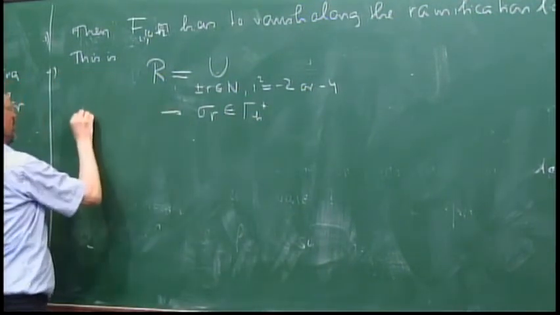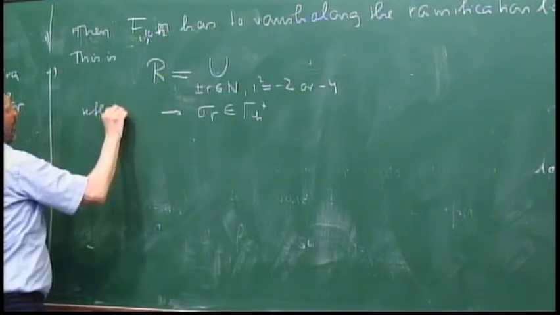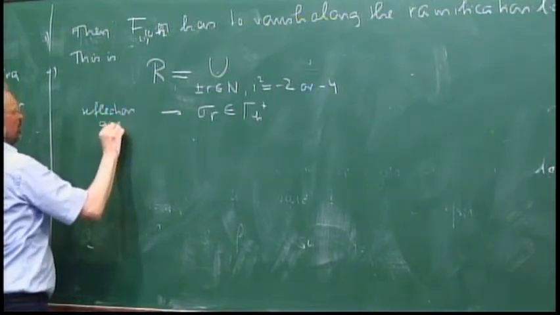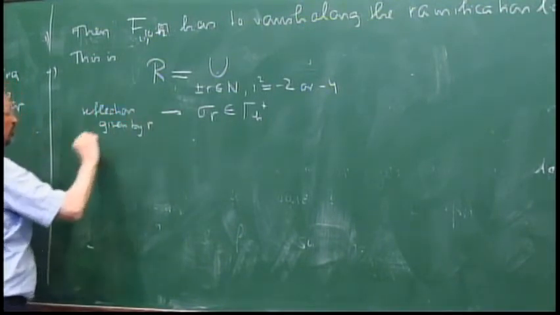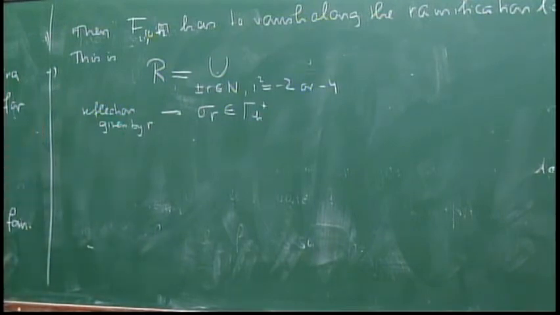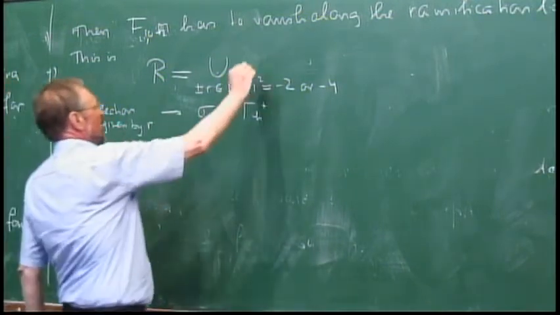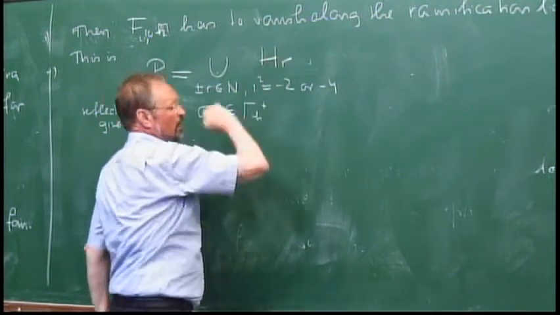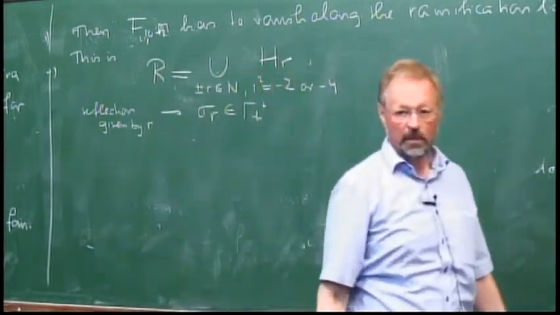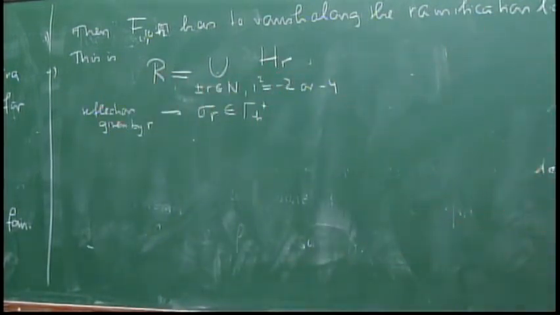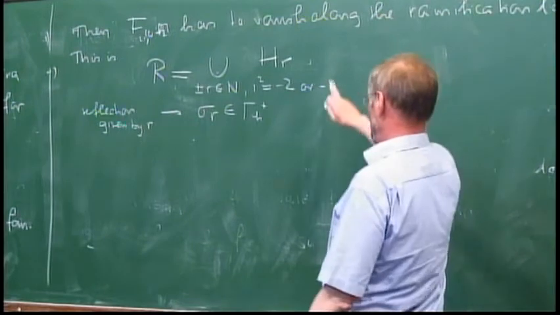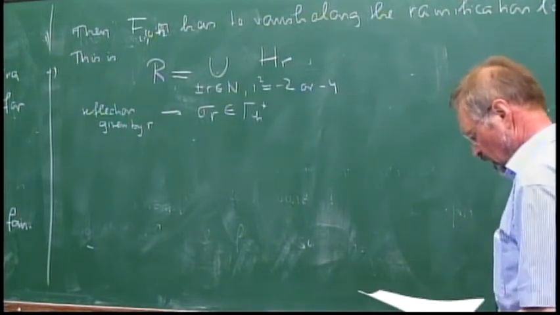So this is the reflection generated by my root or my -4 vector. And each of them has an H_r, a hypersurface which is orthogonal to that. That is the ramification locus. It will contain the -2 locus.